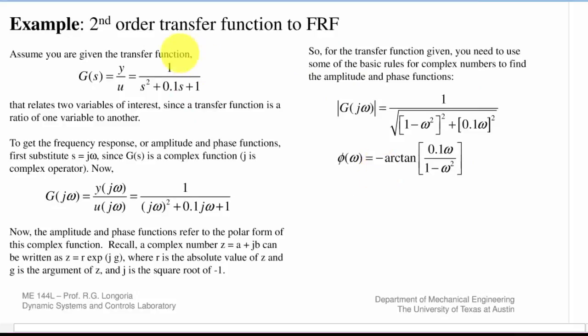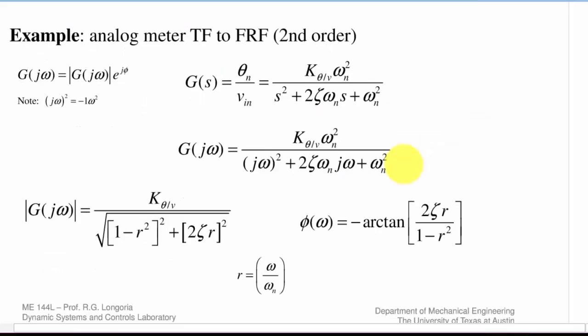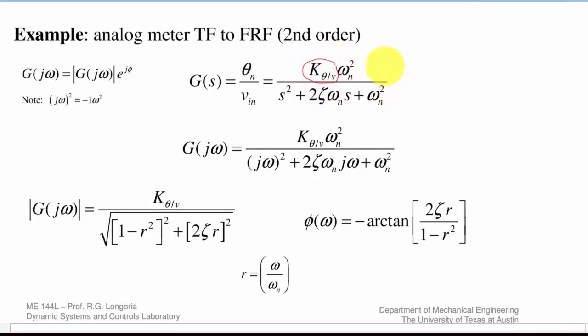You can go back and look at the slides at how you can take a particular transfer function in the S domain. This just walks you through how you would come up with the amplitude and phase functions. Here's in particular the transfer function that we derived for the analog meter. This has the static gain that we measured, as well as the second order dynamics that we see for the analog meter because of the rotational inertia, also the rotational spring.